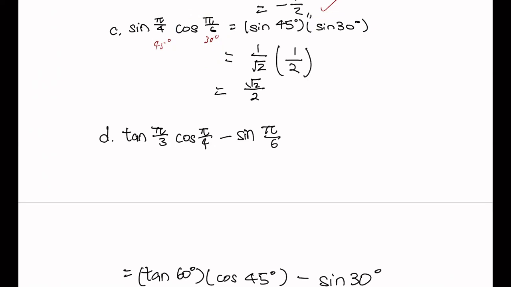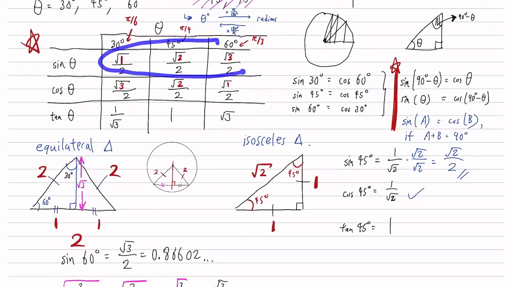So you actually don't need to convert it. It's just from the table of values: sine 30, 45, 60, cosine 30, 45, 60. You could just directly replace this. Cosine 30, I usually memorize the table here. I memorize this row 30, 45, 60, square root 1, square root 2, square root 3.